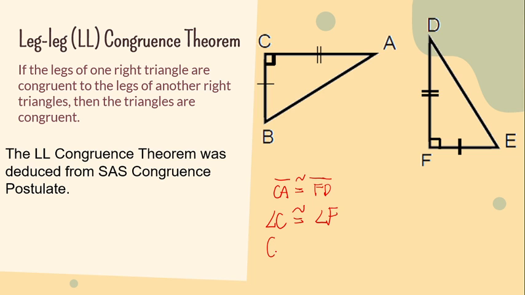And then, yung CB natin na side, congruent sa FE. So, from there, we can say the triangle ABC is congruent to triangle DEF. So, again, huwag kakalimutan yung corresponding vertices natin, ha?